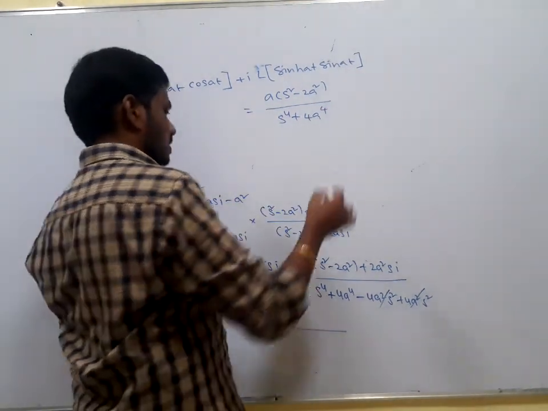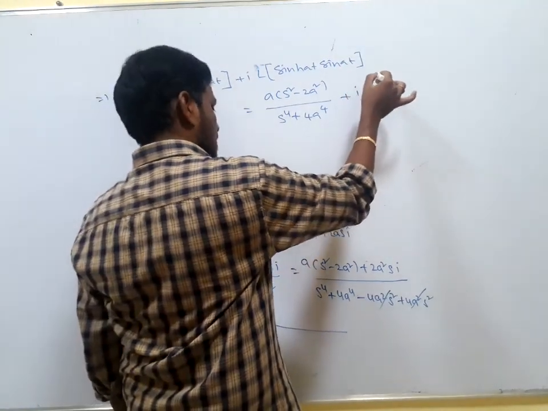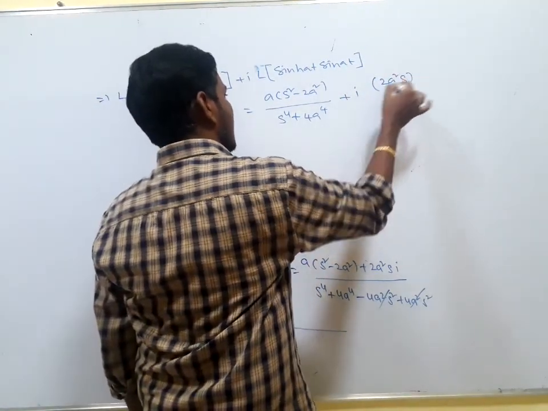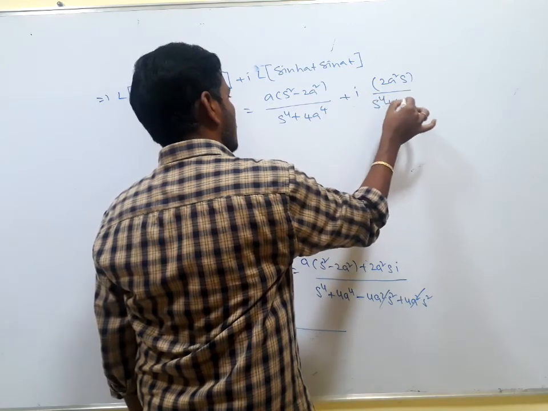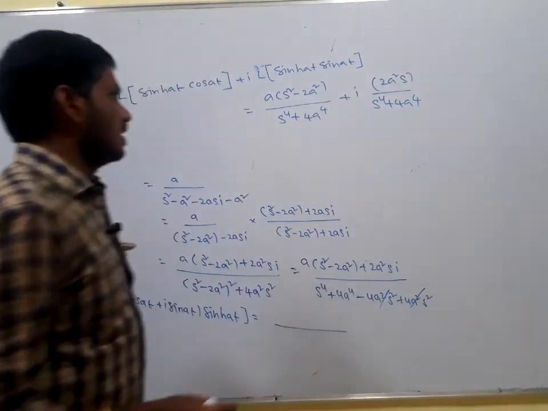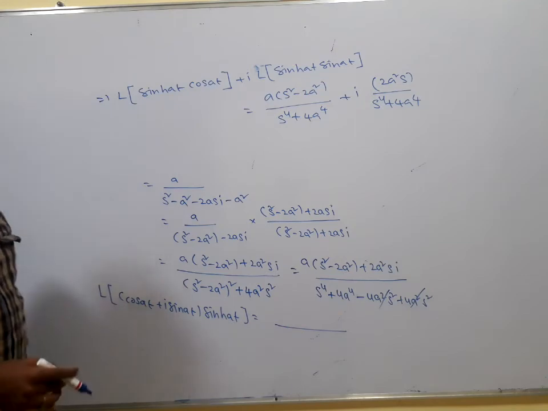Next, plus I into 2a square s divided by s to the power of 4 plus 4a to the power of 4, equating real and imaginary parts on both sides.